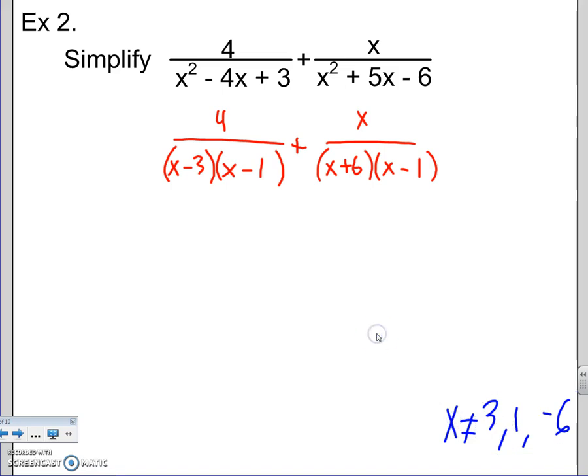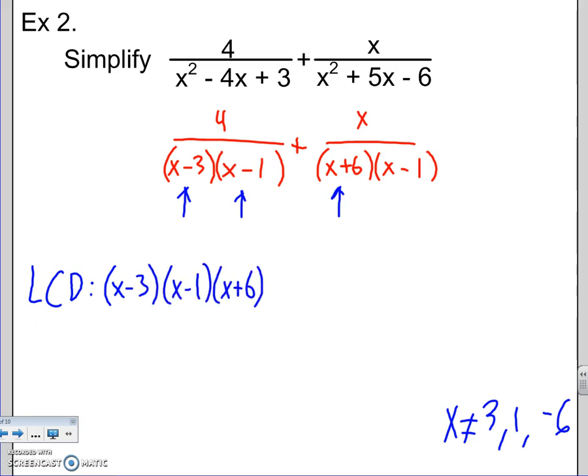All right, we need a common denominator. You see how the left one has x minus 3 and x minus 1, and the right one has x plus 6, which is new, but x minus 1 is a repeat. So my least common denominator has to have these 3 things.